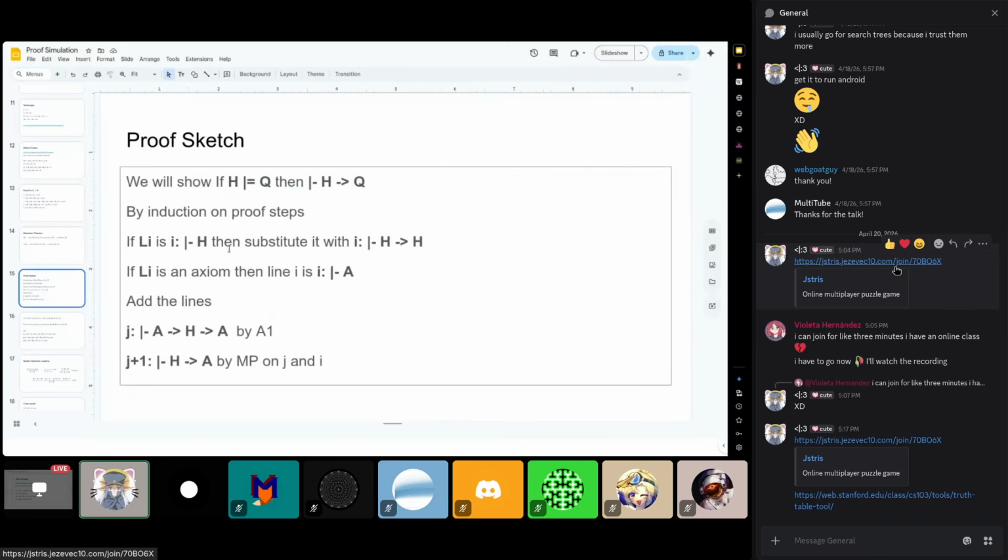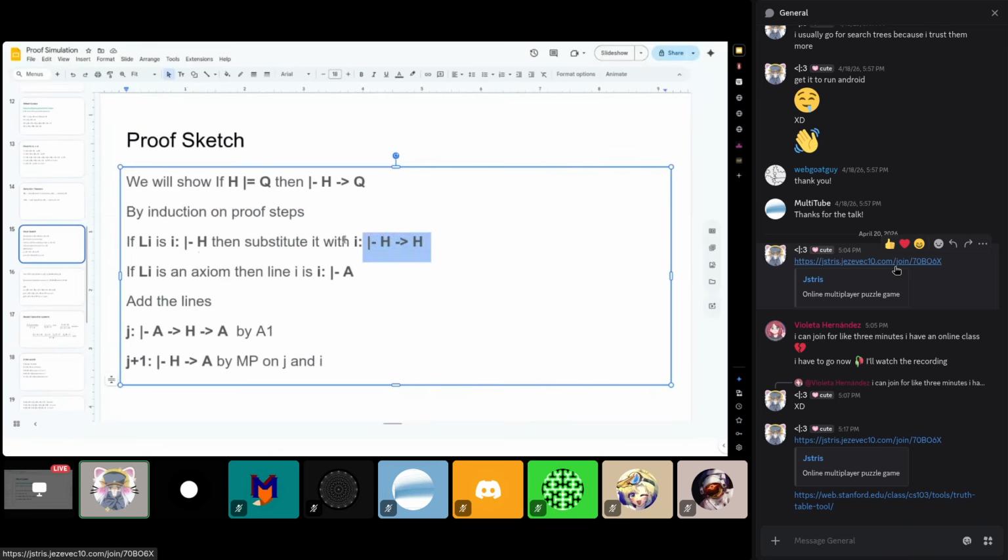So for our base case, we either have that proof step Li is of the form can derive H, right? Then substitute it with H implies H. H implies H is a tautology, and I showed that you can prove it earlier. So that's the justification for this step here.